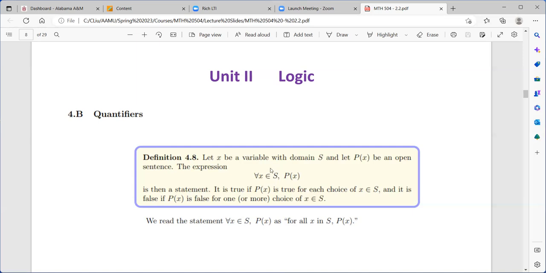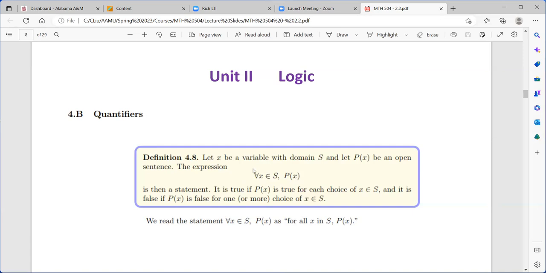But if there is one value of x, or one element in S, that makes p of x false, then this expression is false. All right?